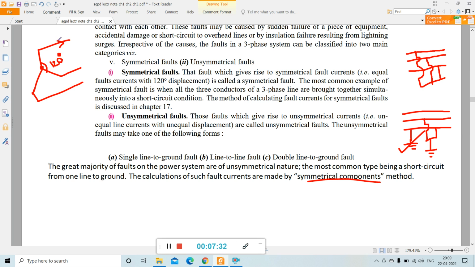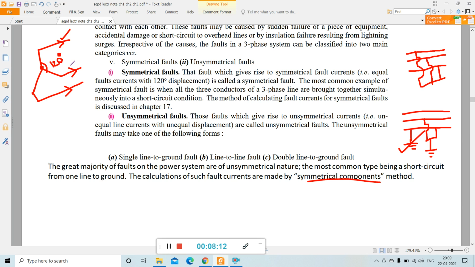Whatever fault current flows in this line, the same fault current flows here, and the same here. So we need to calculate only one line fault current, and that must be equal for the others. No need to calculate each and every line fault current individually. In the next class we will discuss symmetrical fault current calculation.